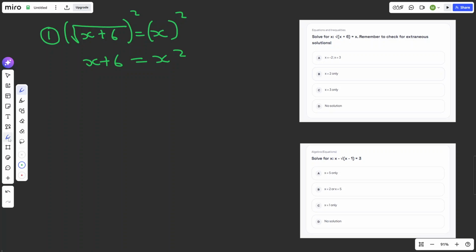The normal approach would be to get everything on one side, and then get it in a factorized form and then derive the solutions. So let us transpose x and 6 to the other side. Okay, so it's going to be 0 is equal to x squared minus x minus 6.